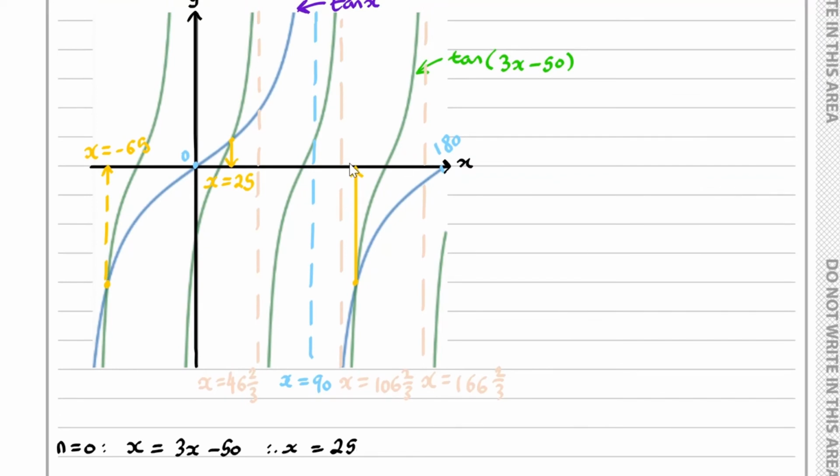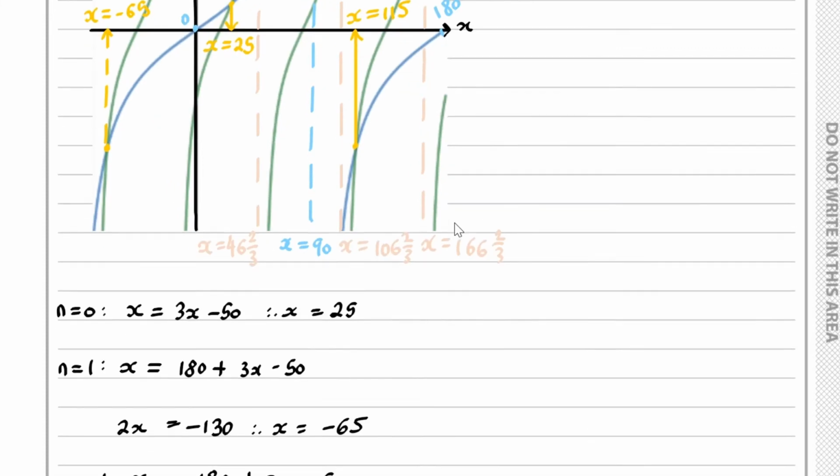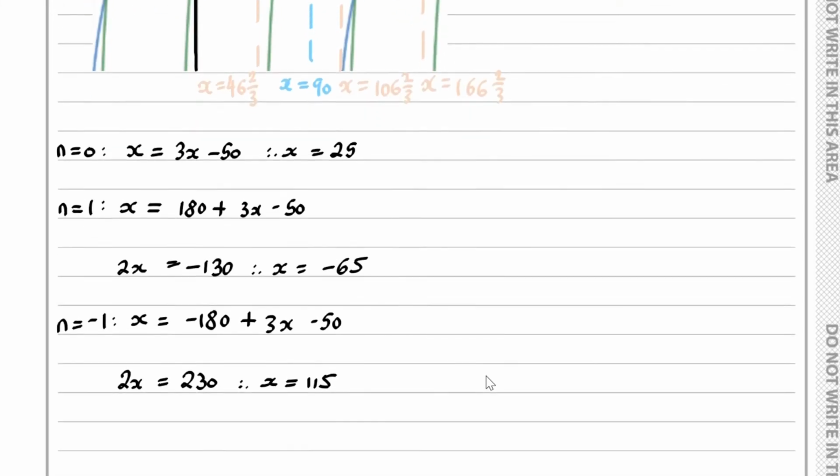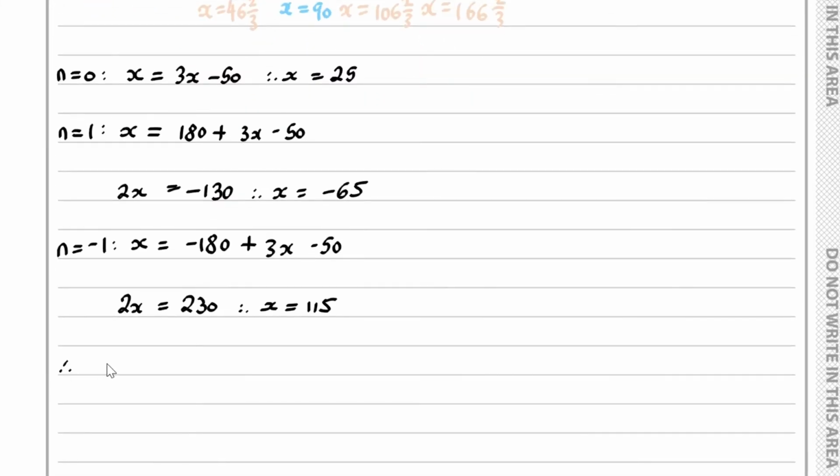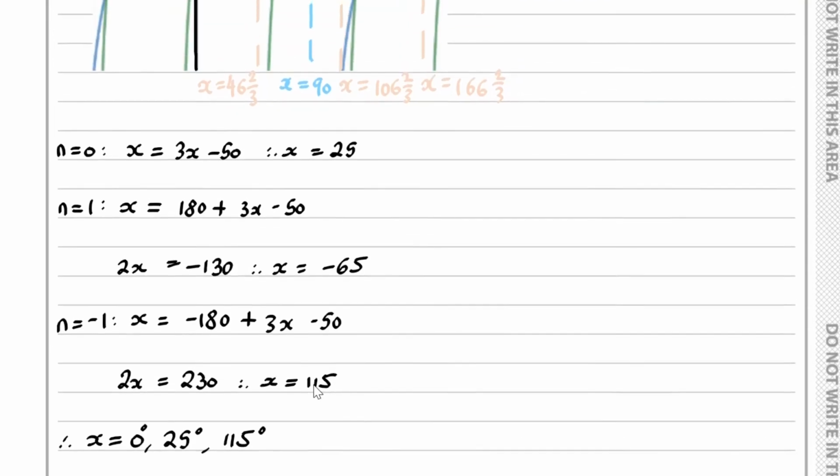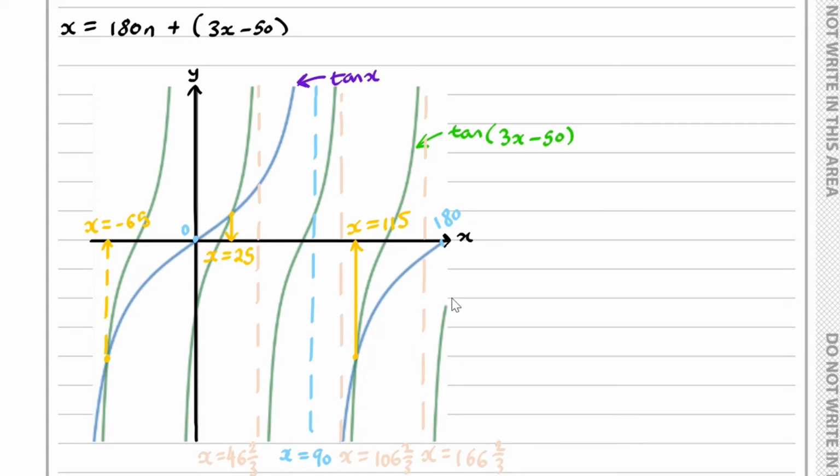So here we get x is equal to 115. So therefore, our solutions to this problem, we've got x is equal to 0, that's one solution, x equals 25, and x equals 115. And hopefully you can see how the graph helps to visualize what solutions we require.